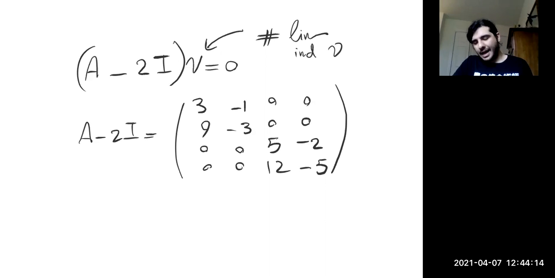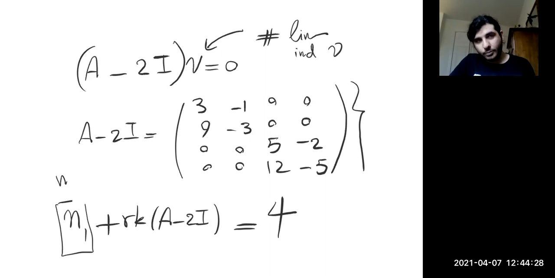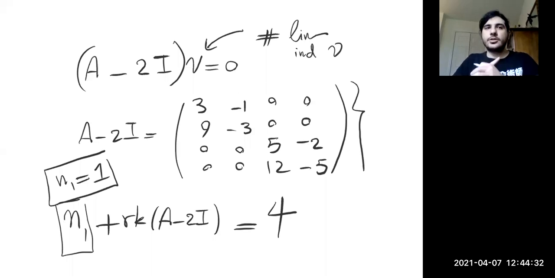As I said, that number I'm looking for, let's call it N1, plus the rank of this matrix, A minus 2I, happens to be the dimension, which is 4. Now, if I do that, I would see N1 is equal to 1. So the null space is 1. There is just one linearly independent vector V satisfying this equation.